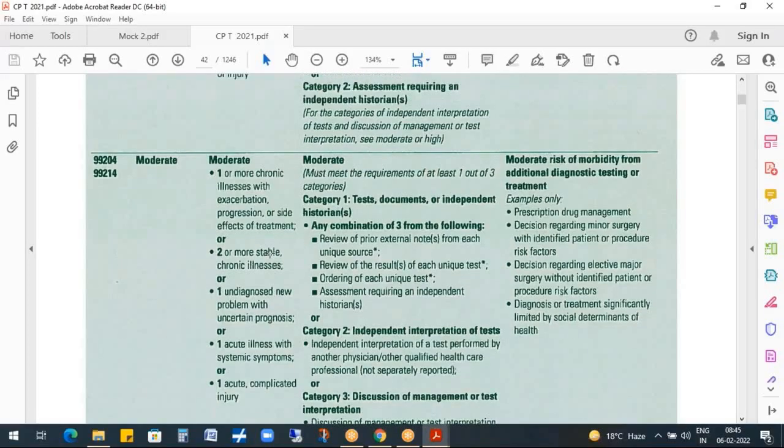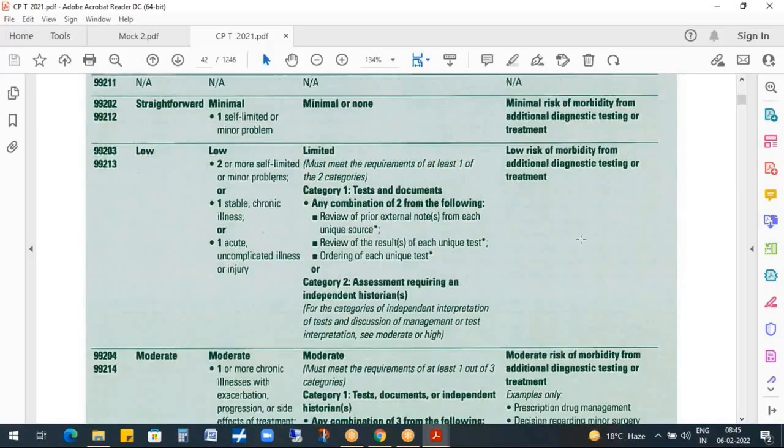Then if you go to low level, write down there: physical therapy, occupational therapy.